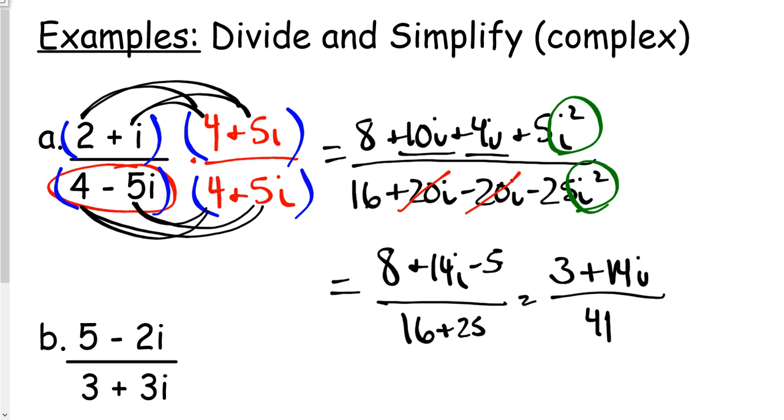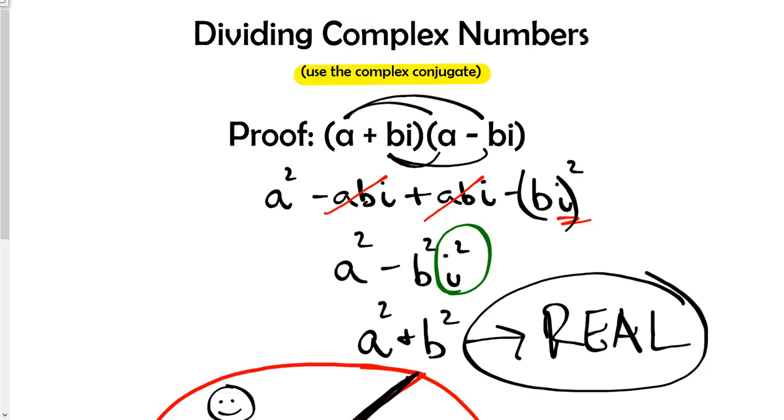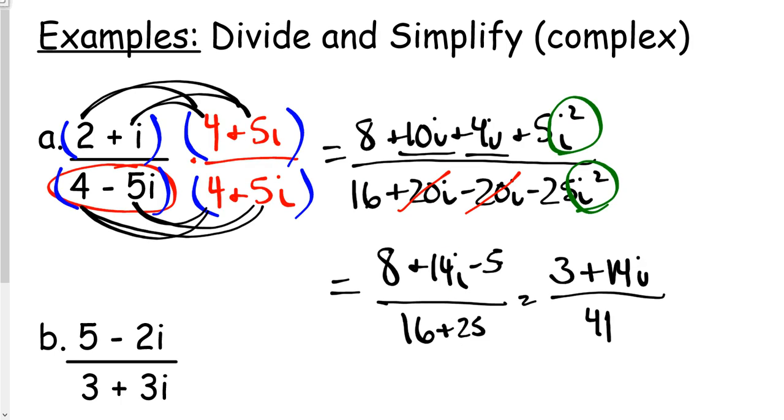If we go back and look at our original proof, we can see that when we multiply conjugates together, it's always going to be a squared plus b squared. So in this example, what's 4 squared? 16. What's 5 squared? 25. And what's 16 plus 25? 41. So that might save you a little time working through some of those problems.